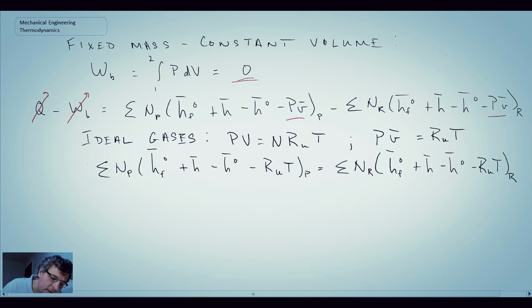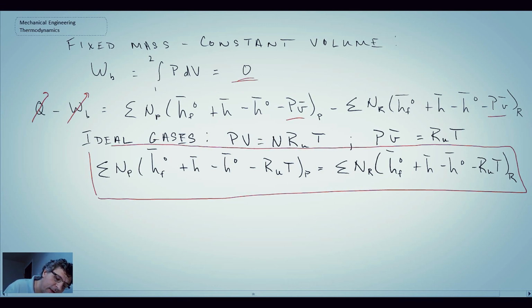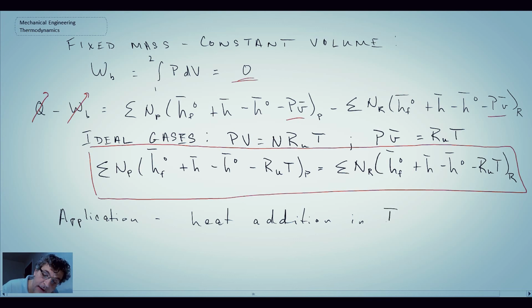So that is the equation that we end up with for the adiabatic flame temperature when we're dealing with fixed mass, constant volume. Applications of this equation: one place that you could use it is heat addition in the ideal Otto power cycle, where we had a constant volume heat addition process.